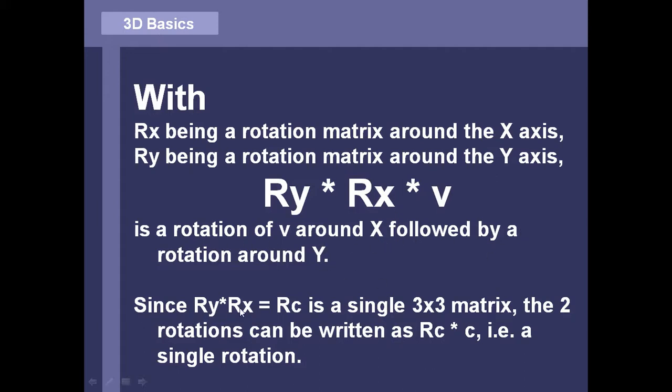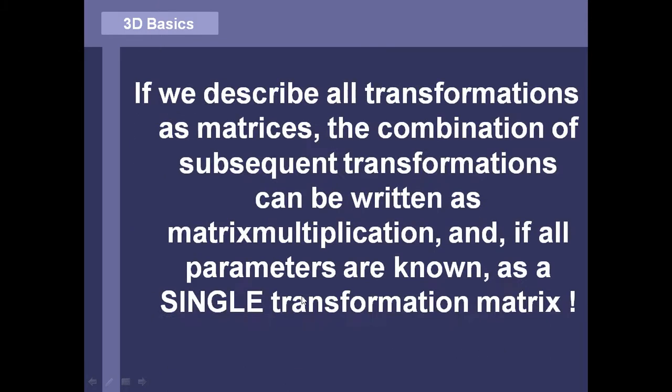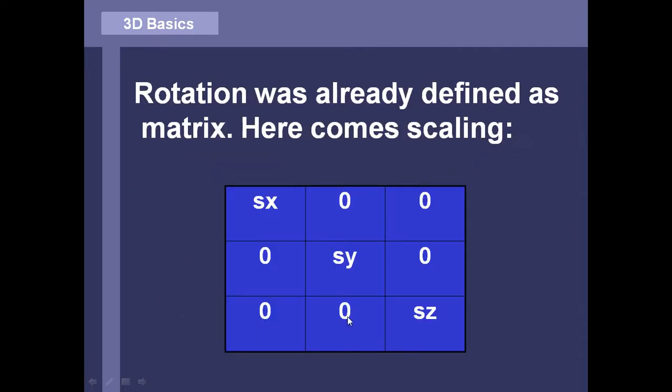Since Ry into Rx is equal to Rc, it is a single 3x3 matrix. The two rotations can be written as Rc into V. So that is a single rotation. And if we describe our transformations as matrices, the combination of subsequent transformations can be written as matrix multiplication, and if all parameters are known, as a single transformation matrix.